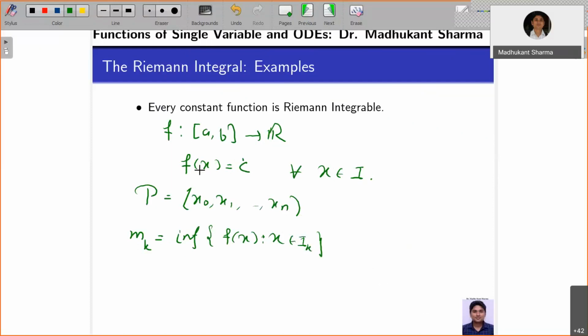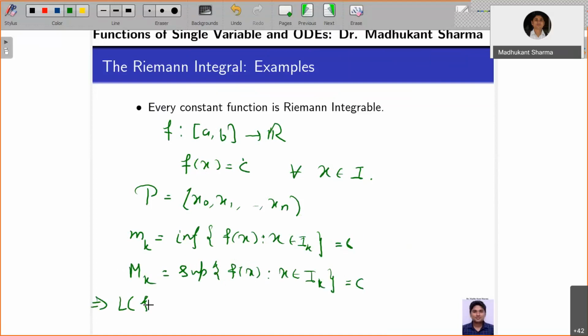Since f of x is constant, on Ik it also takes the value c, so this is equal to c for all k. Similarly, capital Mk is the supremum of f of x such that x belongs to Ik. Since f of x takes only the value c, the supremum of the constant is c.